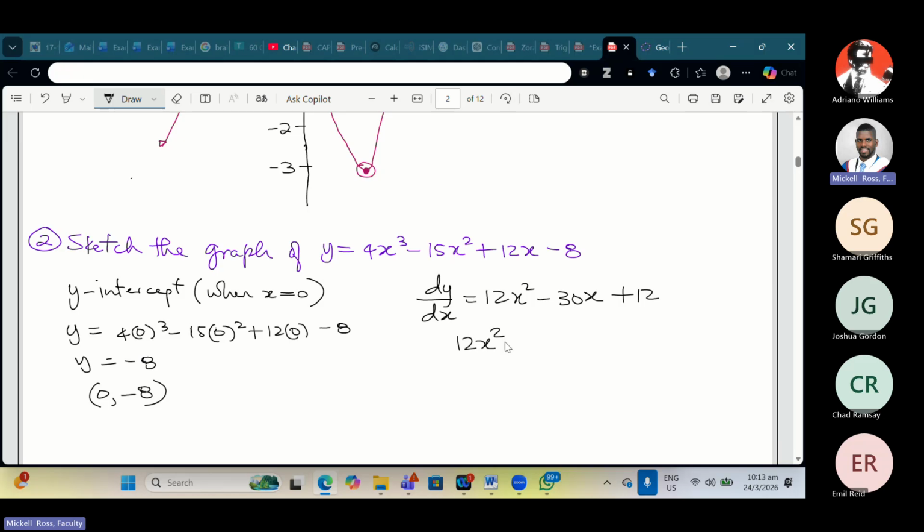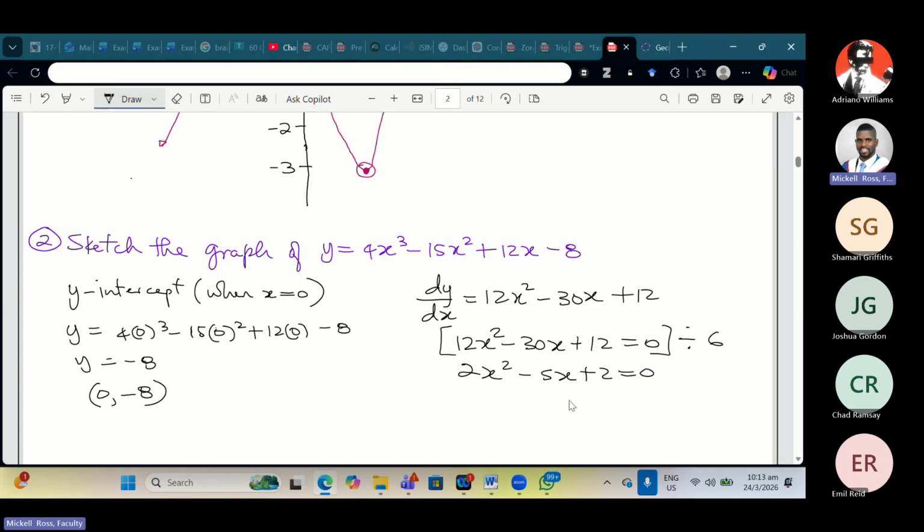That means 12x squared minus 30x plus 12 is equal to 0, because we're looking to find the stationary points. We can reduce by 6 if you want to work with smaller numbers. So let me just write this here. Divide through by 6: 2x squared minus 5x plus 2 equal to 0.